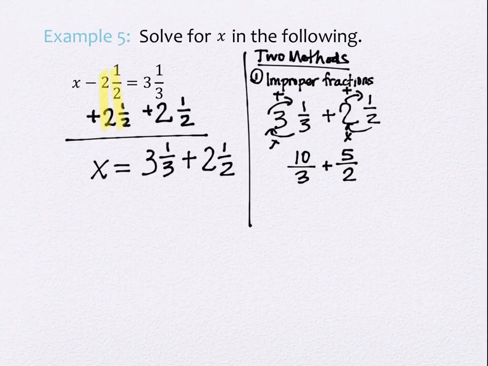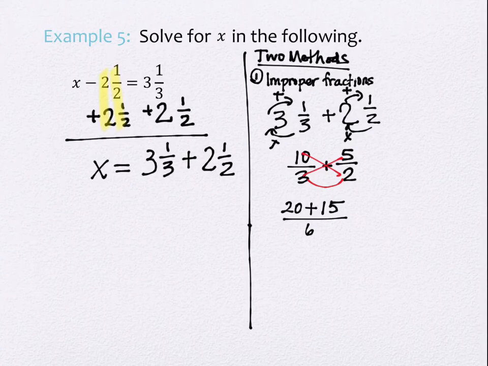And then I use addition of fractions with unlike denominators. I would say, okay, 10 times 2 is 20, plus 3 times 5 is 15, over 3 times 2 is 6, or some variation of addition of fractions. There are a couple other ways you can think about it, but this is what your book shows us, so I'm going to stick with it. What's 20 plus 15? 35. I almost said it.